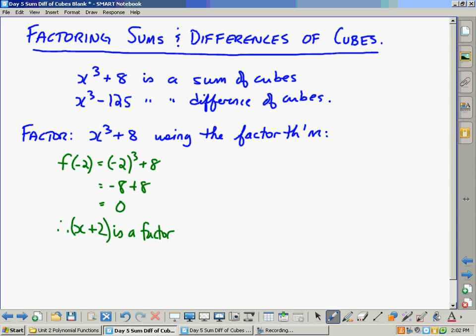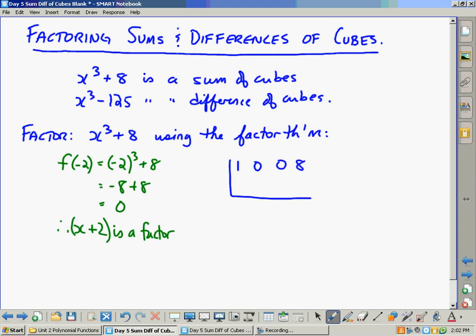Okay, good. So now, since we know it's a factor, we're going to use synthetic division to divide. We write down 1 for x cubed, 0 for x squared, 0 for x, and 8 for the constant.